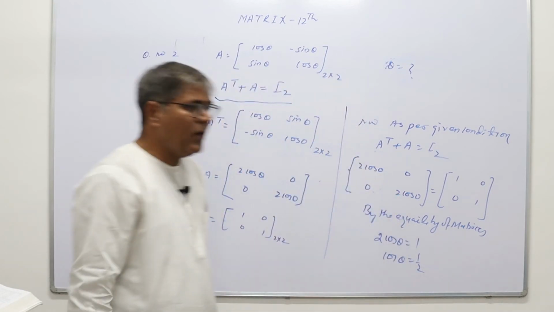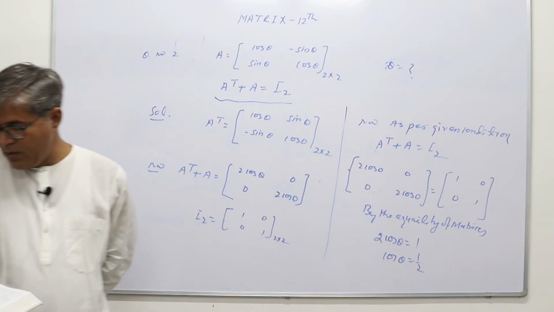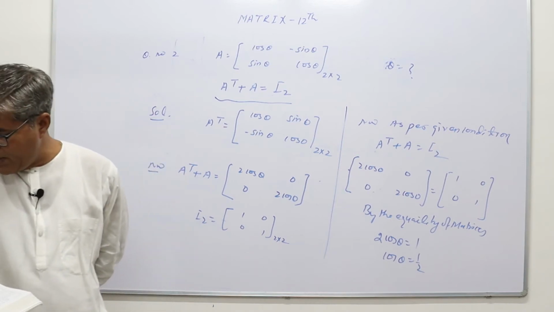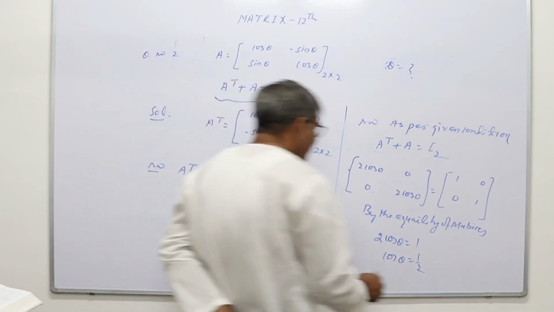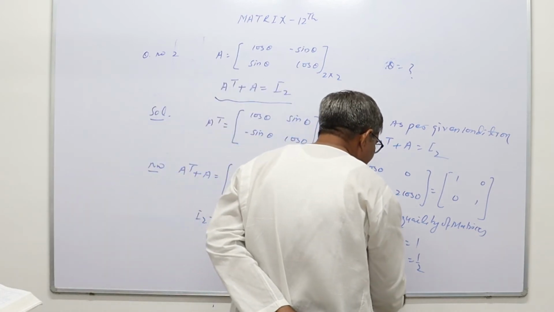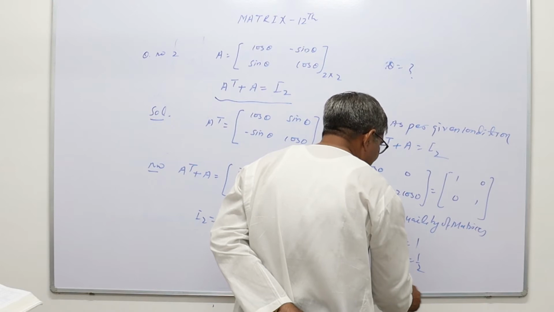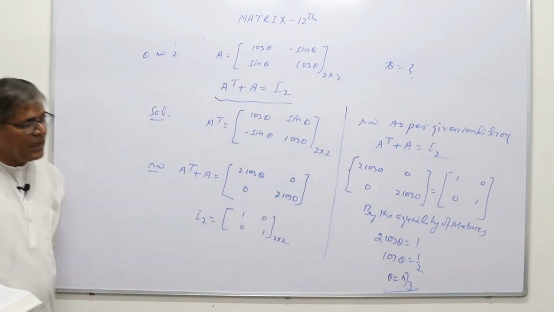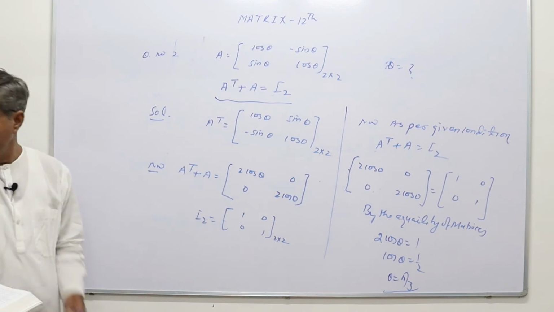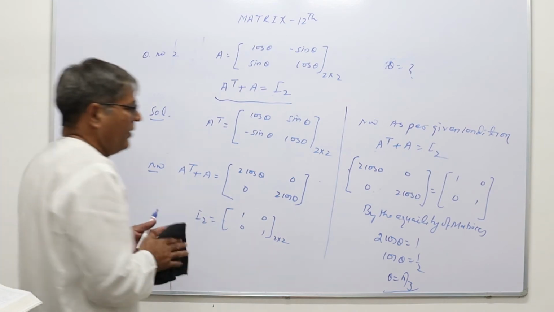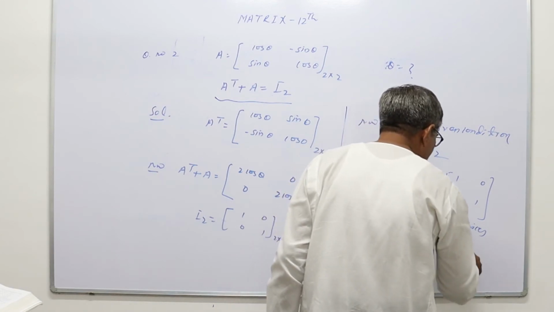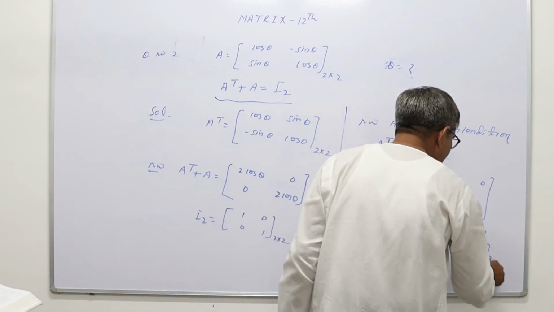Now what is the value when cos theta is equal to 1 by 2? If cos theta is equal to 1 by 2, then theta will be equal to pi by 3. So theta will be equal to pi by 3. That is 60 degrees. And in general also we can write the value. How? We can write in this way, cos theta is equal to cos pi by 3.